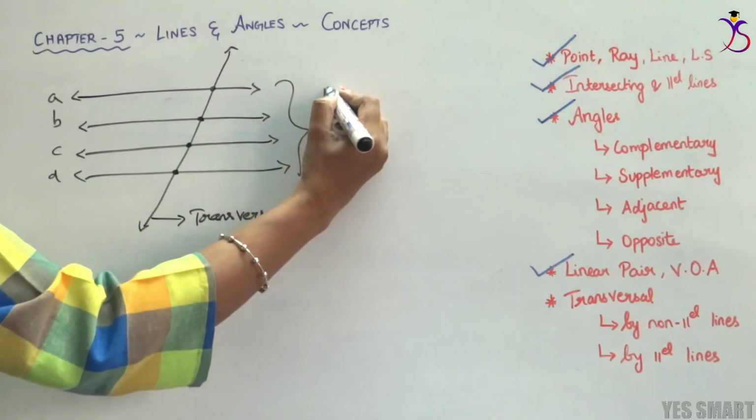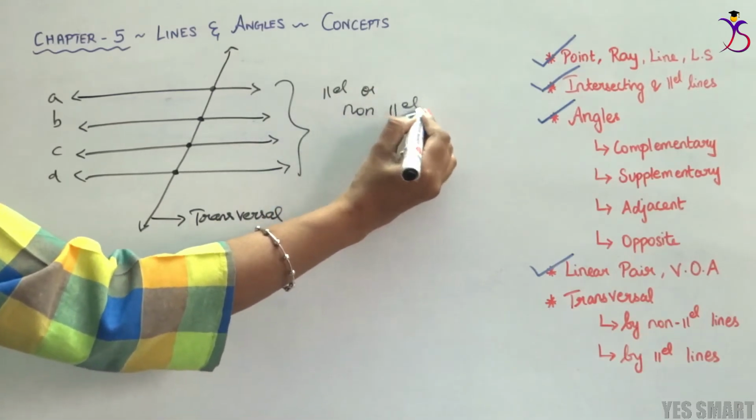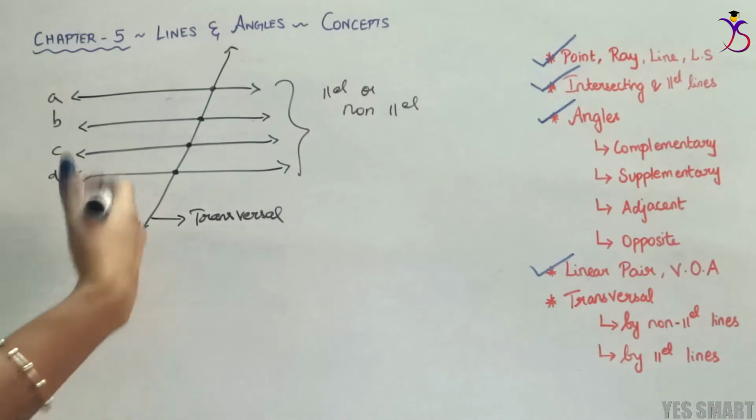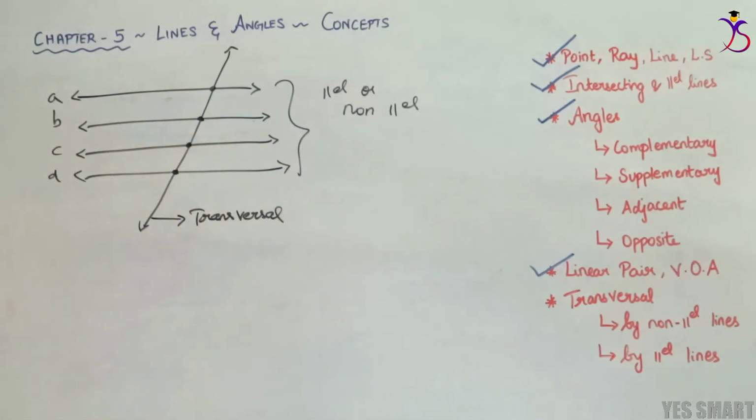These lines A, B, C, D can either be parallel lines or non-parallel lines. Whenever a line cuts two or more lines, then that particular line is called a transversal. So the transversal should cut at least two lines at distinct points.